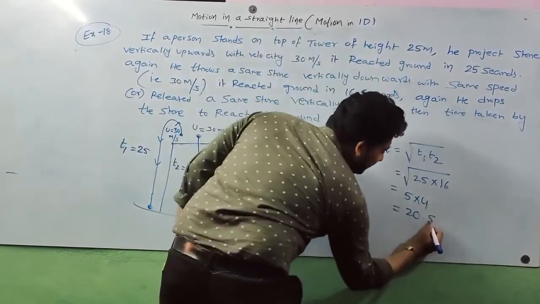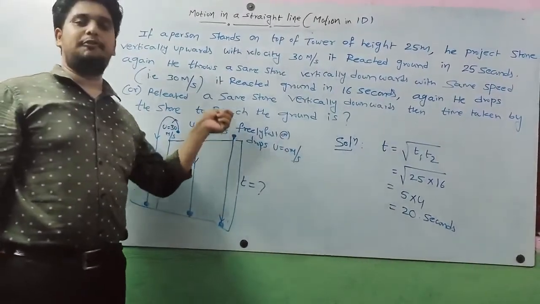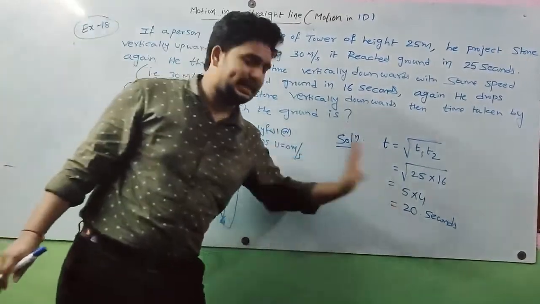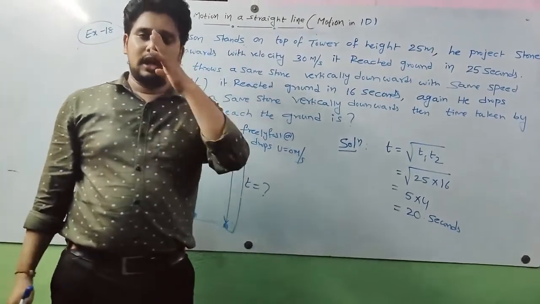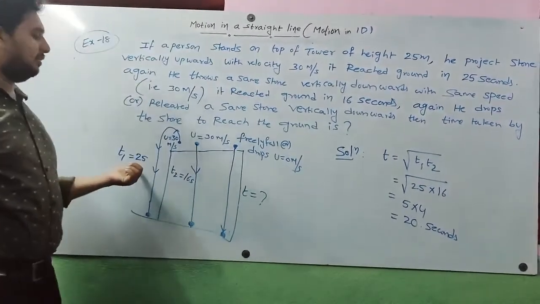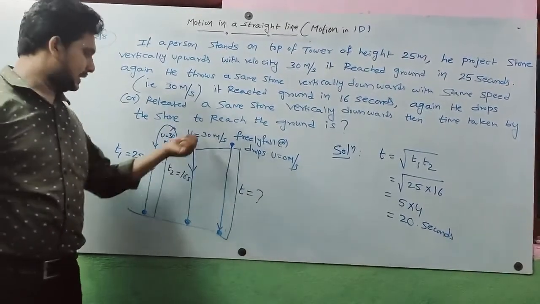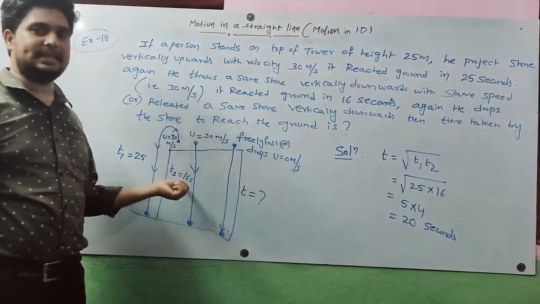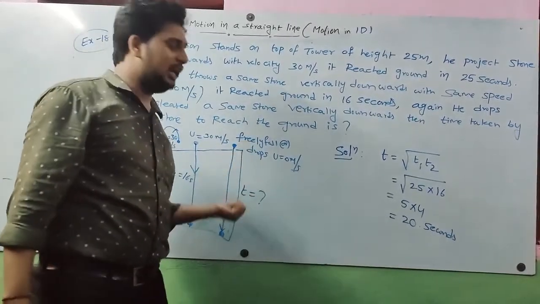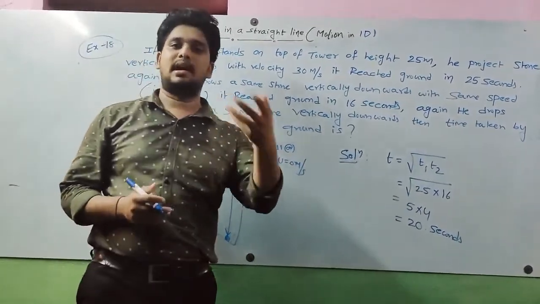So the time taken for the freely falling stone to reach the ground is 20 seconds. 20 seconds is the answer for this question.